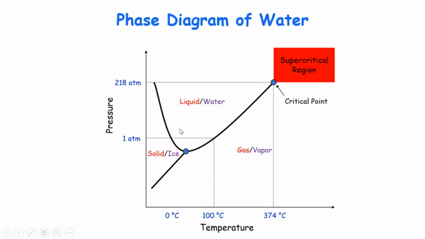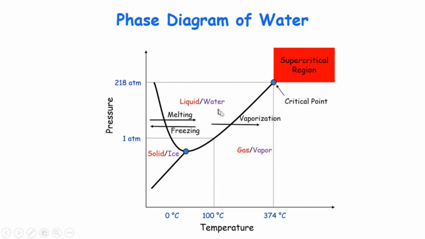We already learned those six phase changes, and I want to show you where you can find them in this phase diagram. If we apply heat to a solid, or to ice, it melts into water. We call this melting. Then the reverse is freezing.